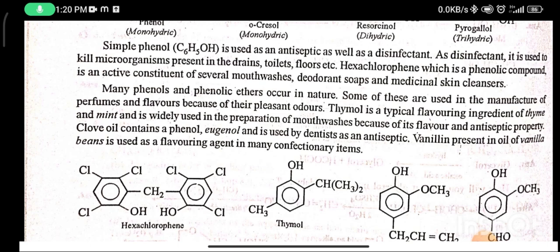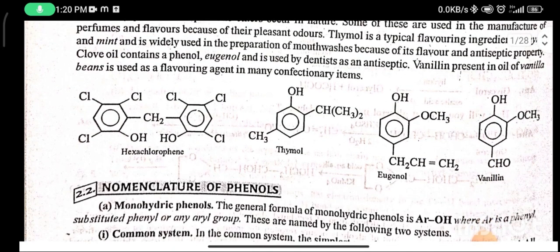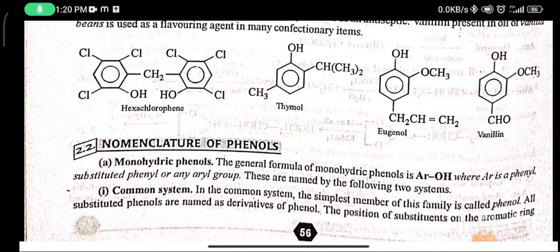Clove oil contains a phenol, eugenol, and is used by dentists as an antiseptic. Vanillin present in oil of vanilla beans is used as a flavoring agent in many confectionery items. For example, here the structures of different compounds are given, like hexachlorophene, thymol, eugenol, and vanillin.